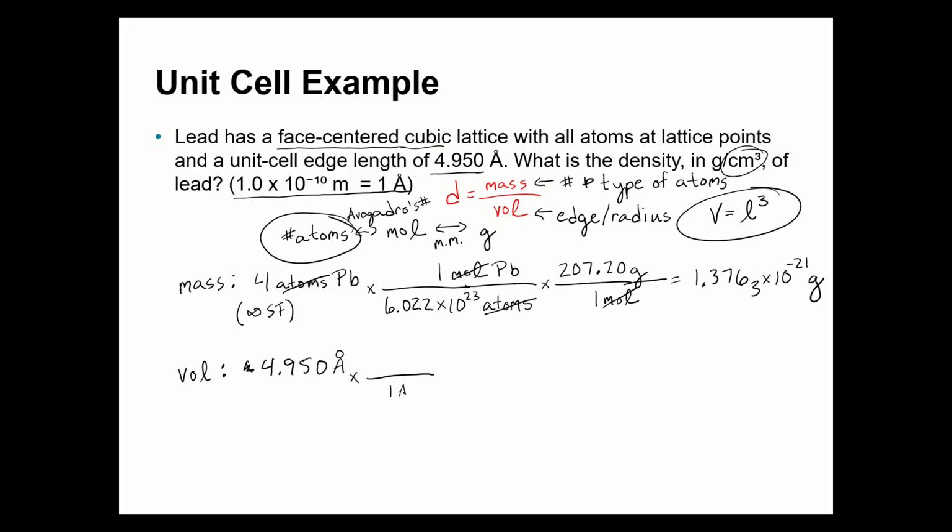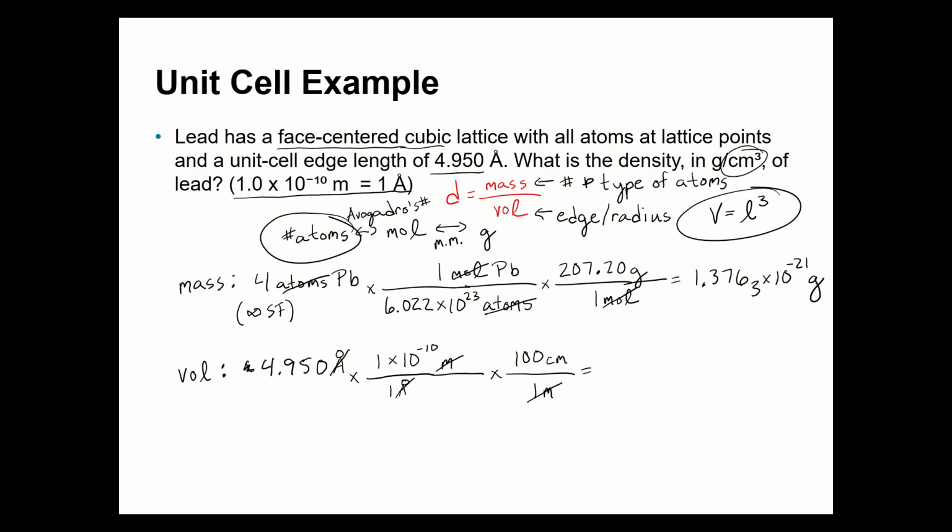So 1 angstrom will go on the bottom, and 1 times 10 to the negative 10th meters will go on top. Angstroms will cancel. And then we need to convert to centimeters. Remember, there's 100 centimeters for every 1 meter. So 100 centimeters on top, or 1 times 10 to the second, depending on what you memorized, and 1 meter on the bottom.